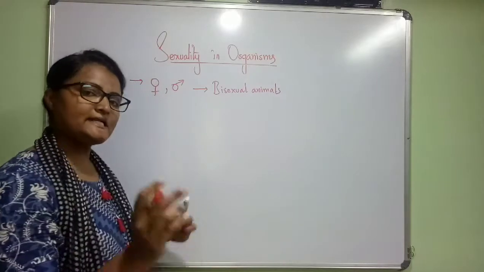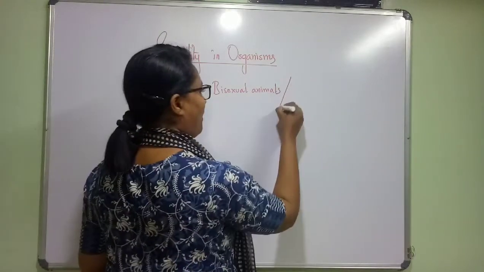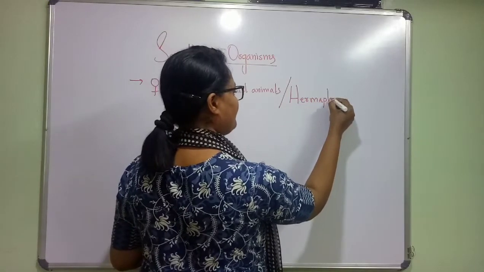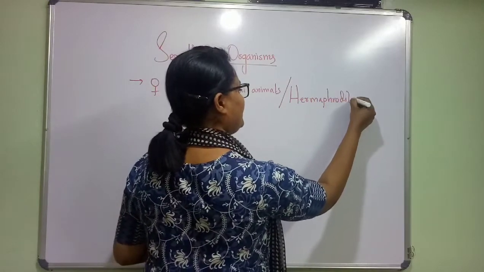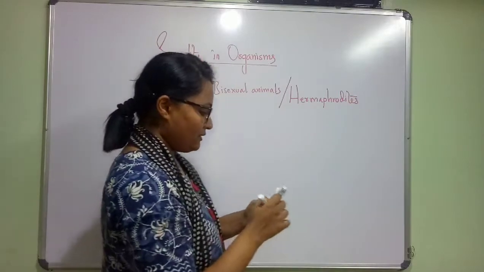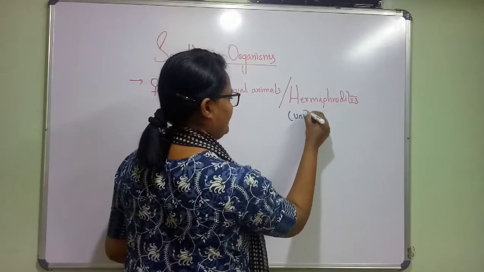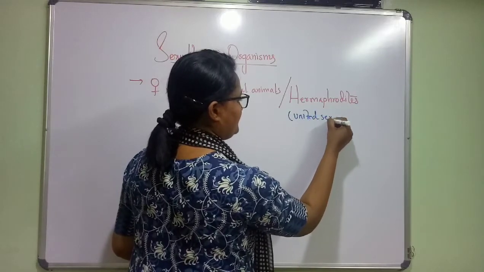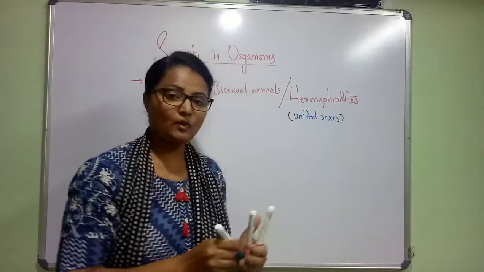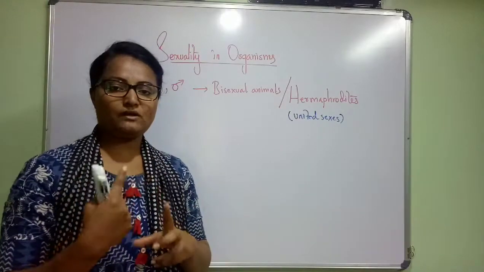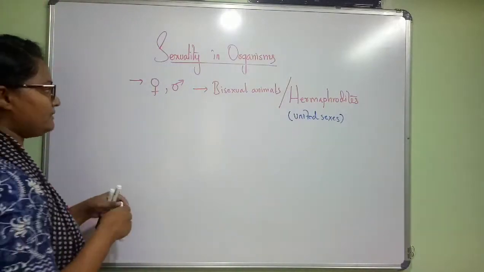The animal which contains both the sexes, in animals it is called as hermaphrodites. You remembered, I guess, while writing Animal Kingdom, we have written like this, united sexes. This means the same individual contains both the sex organs. That is bisexual animal.